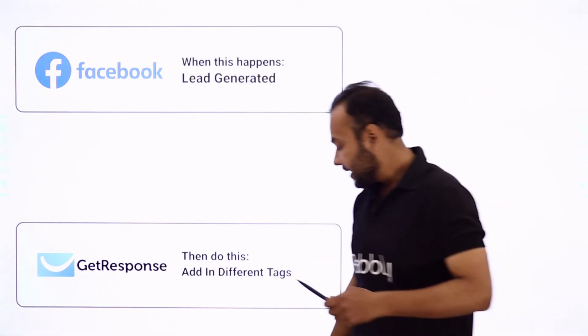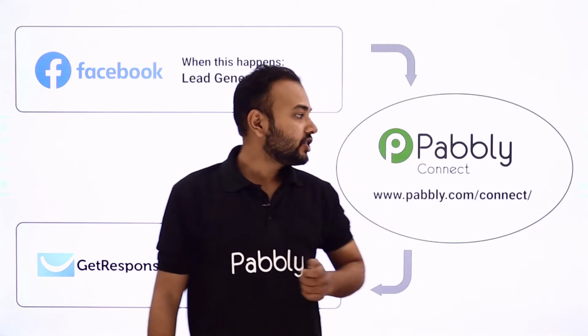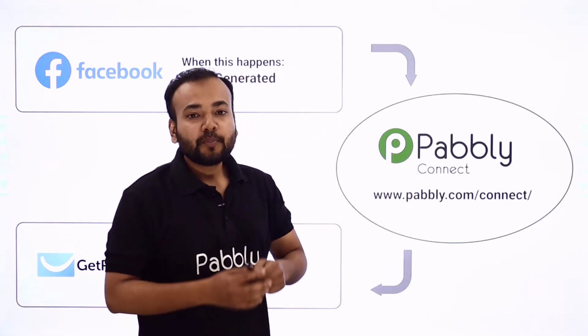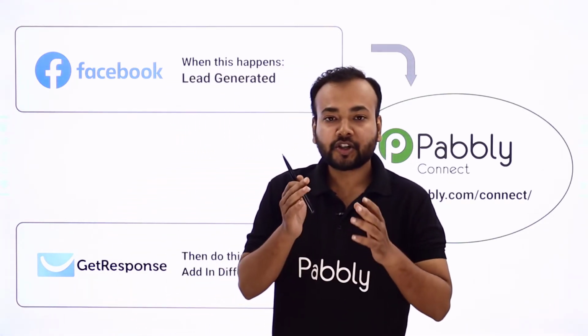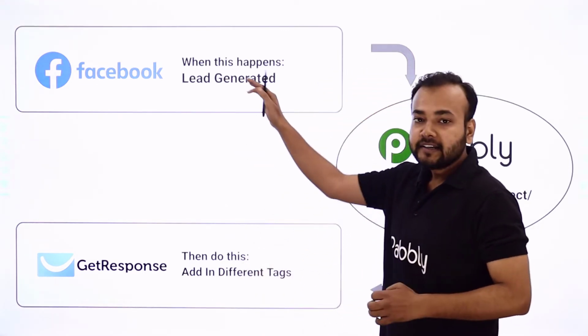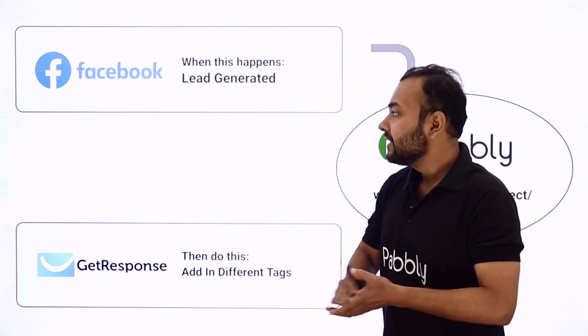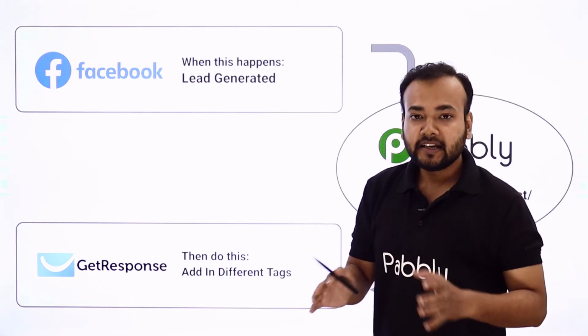And guys, to make this happen, we are using an application here called Pabbly Connect. So Pabbly Connect is an integration and automation tool which will connect these two applications together, and these two applications do not have any native connection.